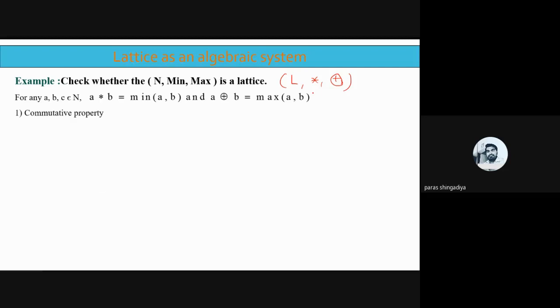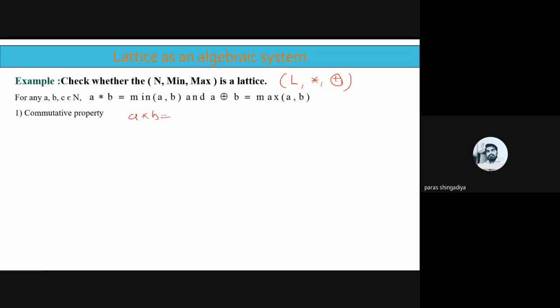So now check the first property, that is the commutative property. Clear? In the commutative property, we need A star B to be equal to B star A. So what is the meaning of A star B?